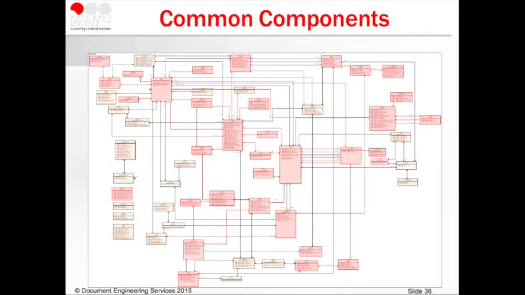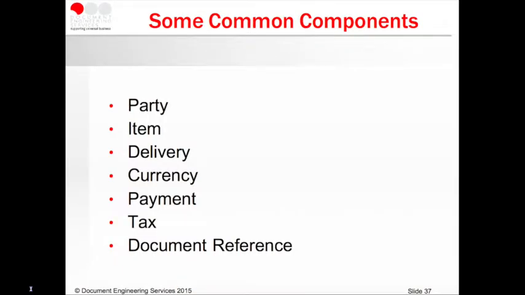Its purpose is really to highlight the interrelationship of many of the components and the fact that underneath all of this there is a common framework, a semantic model that describes how these components relate to each other. I'm going to focus in this presentation on 7 commonly used components: party, item, delivery, currency, payment, tax, and document reference.